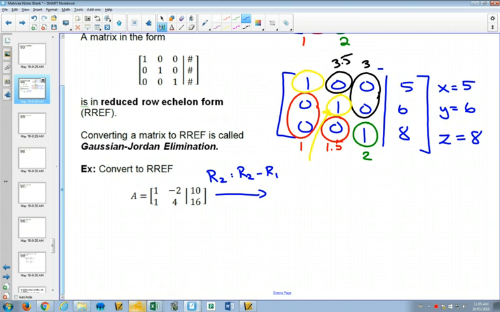Either way, you would get a 0 there. So if I do this, my row 1 isn't changing. So it stays as 1, negative 2, 10. But when I do row 2 minus row 1, I'm going to get 0 here. 4 minus a negative 2 is going to give me 6. And 16 minus 10 is going to give me 6 as well.